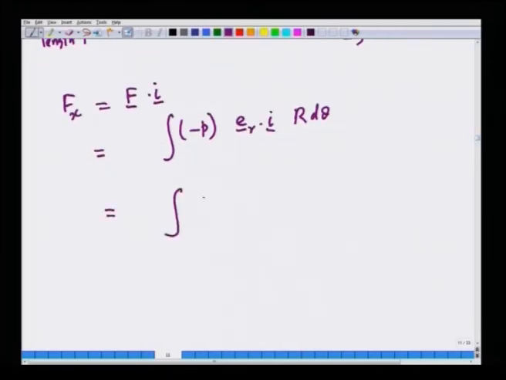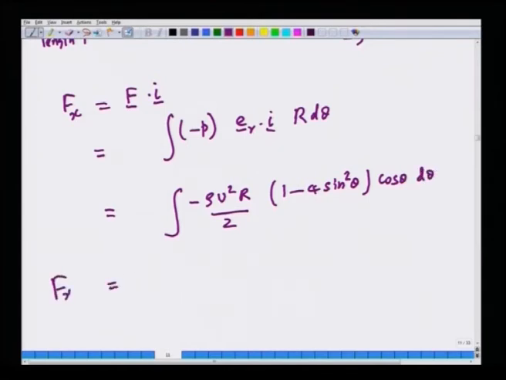The pressure is simply minus rho u squared r by 2 times 1 minus 4 sin squared theta times cosine theta d theta.